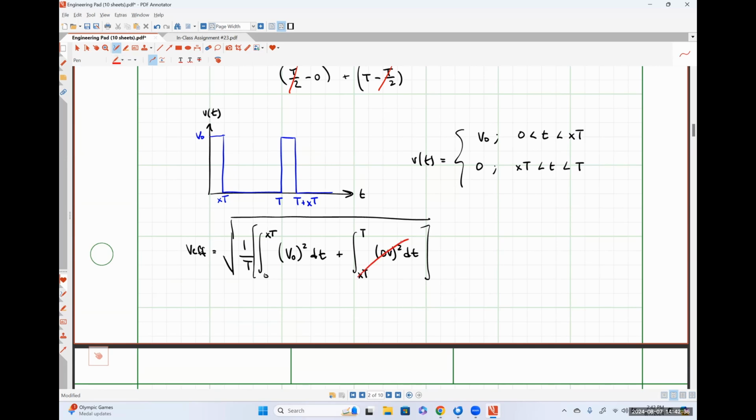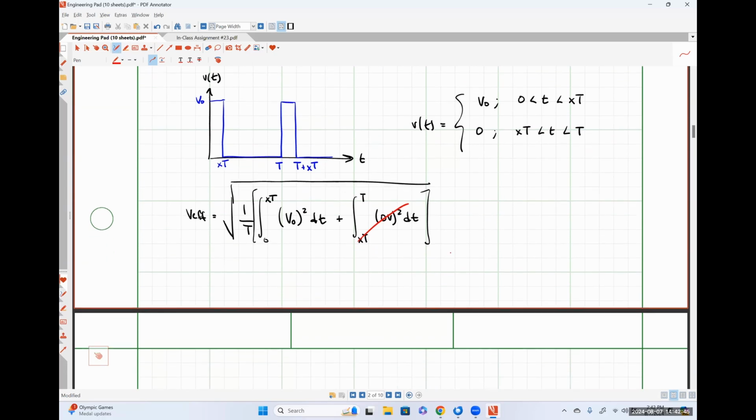Obviously, this second bit just goes to 0 because the integral of a constant value of 0 is just 0. And so we're just left with this part over here on the left-hand side.